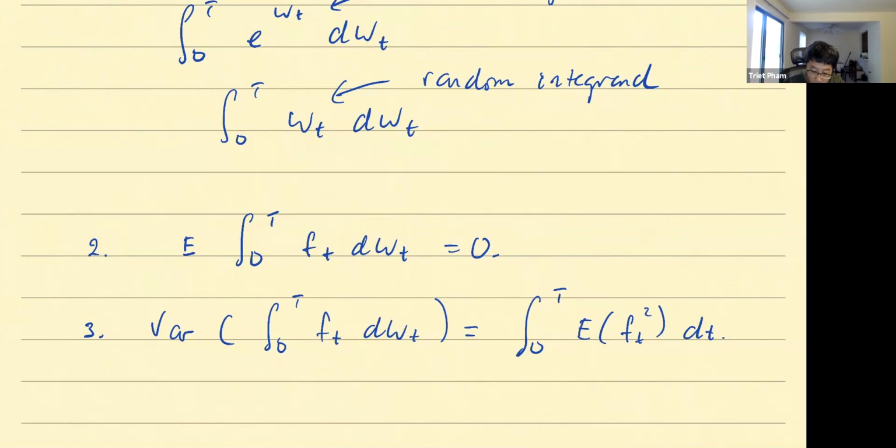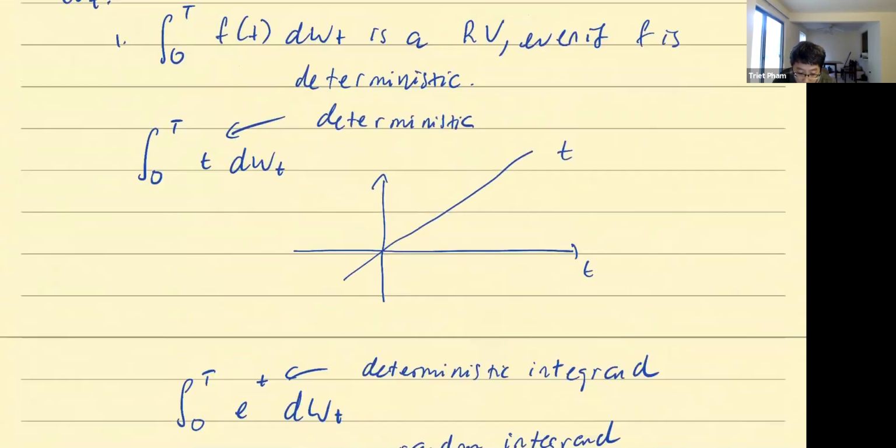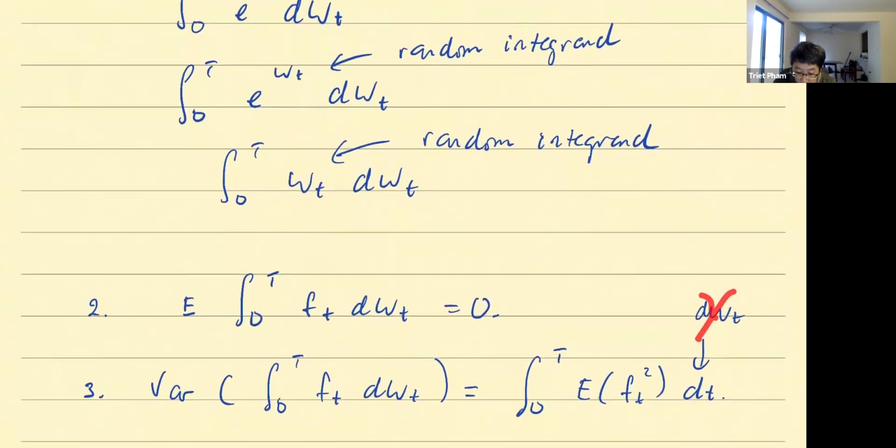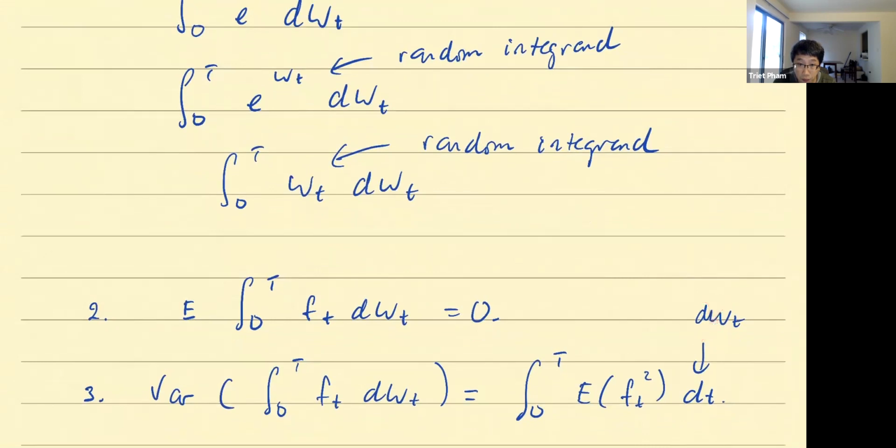I know that we've gone through a lot of notation already, but this cannot be the dWt, okay? You may be careless and write something like this, which is completely wrong. I don't have to look at it twice. This is wrong. Why is it wrong? Because, number one, this is a random variable. So every time you write dWt, you make it a random variable.